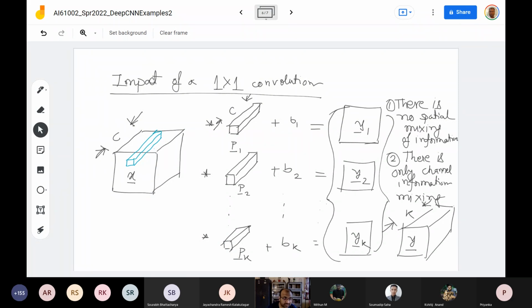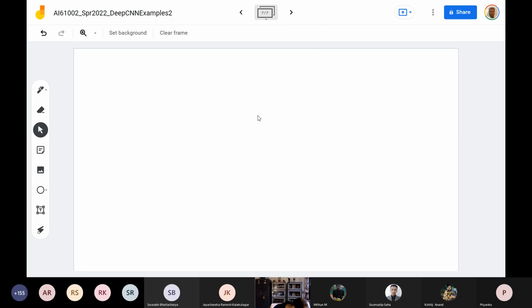Now, in case of VGG-A or VGG-11, there is also a variant called VGG-A LRN. LRN stands for a separate layer called local response normalization.